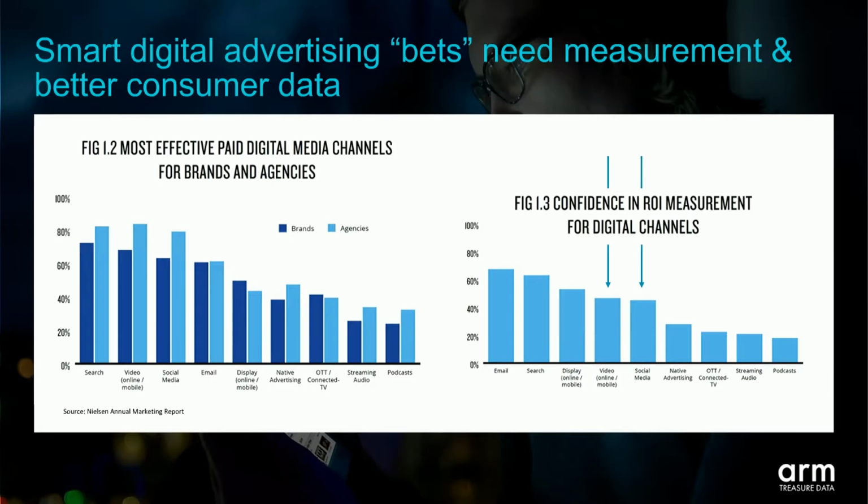If you've got visually stimulating products and services, even for B2B, it's a great channel. But people are having a hard time feeling confident about whether or not they're actually getting the return on the money from this stuff. And I think this is because some of these channels are a little bit newer and people are still trying to figure it out. And it's a bit complex as well.